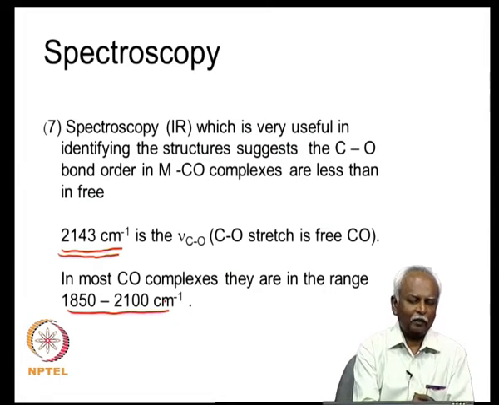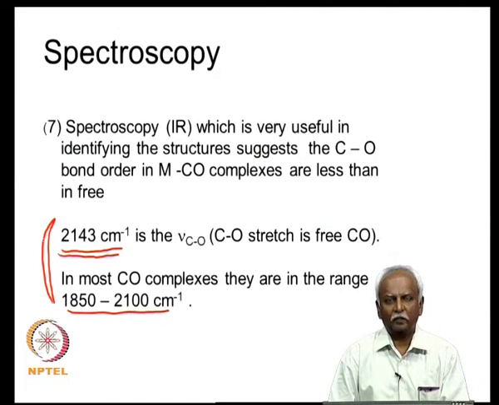But this gives us a very nice way of studying the structure of these molecules, because the carbon monoxide stretch has a very strong dipole moment change and so can be readily observed in the infrared spectrum of these molecules, and we will look at some of the ways by which it can be used effectively.